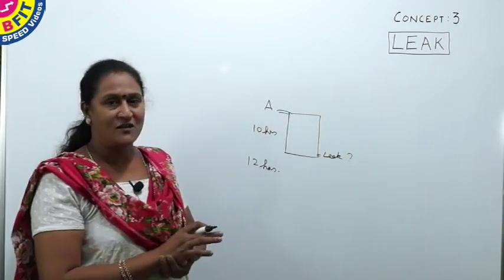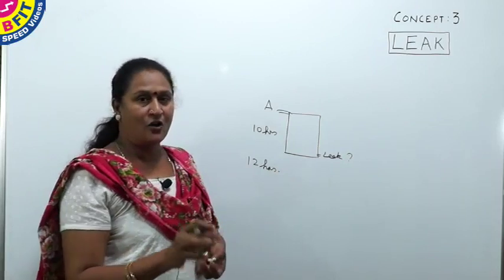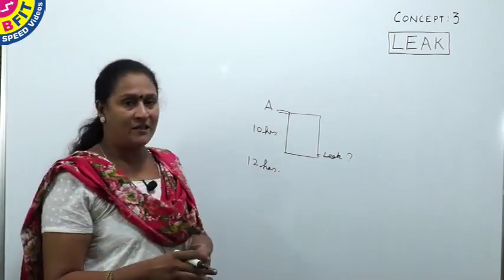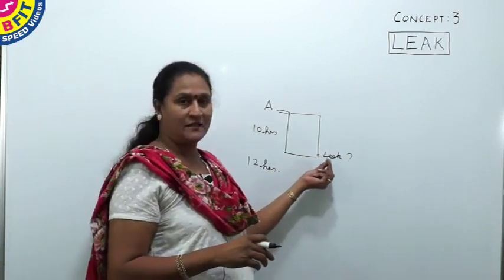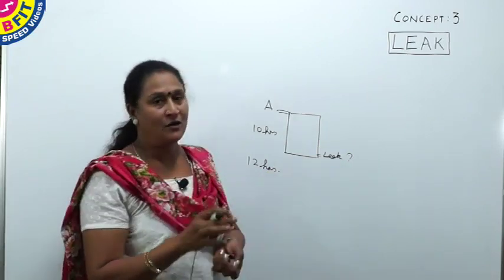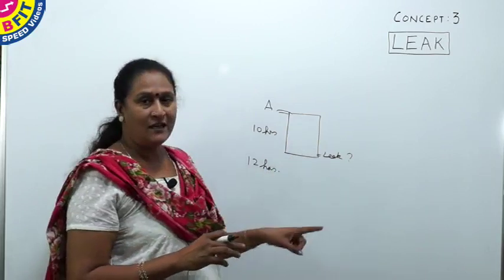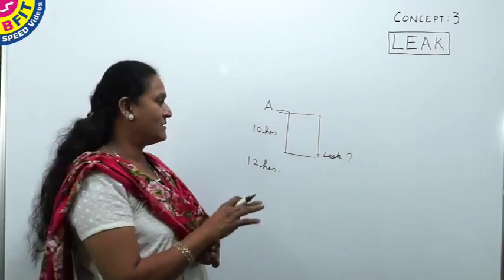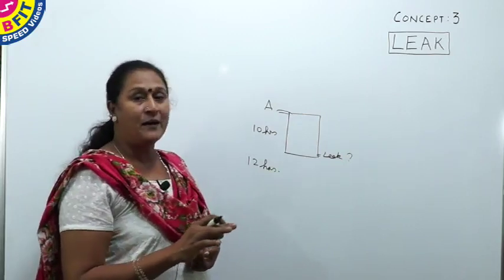So here what is the concept? The leak is draining off. It is like a pipe emptying a tank. Now the question is, what is the time taken by this emptying pipe to empty the whole tank? So here the leak is considered as an outlet pipe. A leak is the same as a pipe emptying a tank.